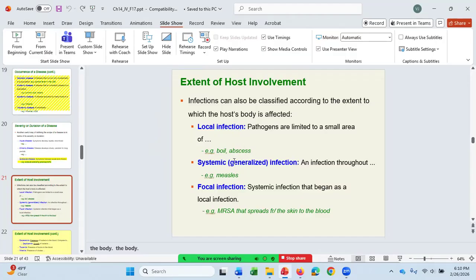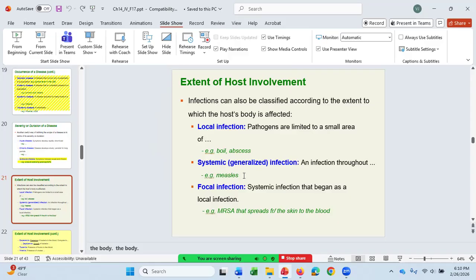A systemic or generalized infection is an infection throughout the body. For example, when a child gets measles, the measles virus will grow almost everywhere in the body. It does grow specifically, I think, in the lungs initially, and then grows in the blood, and the blood spreads it throughout the body, and then it comes back to the lungs, and then it can be breathed out.